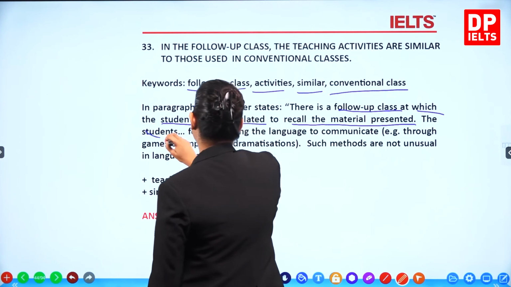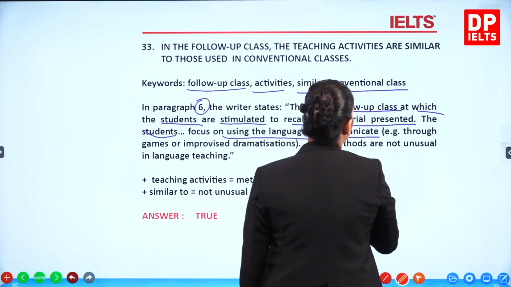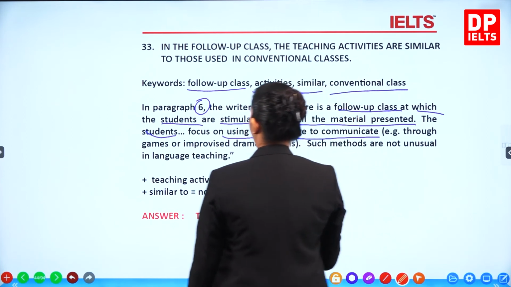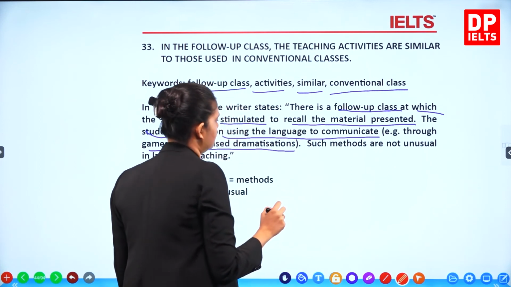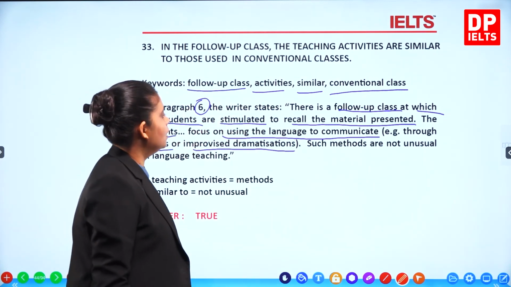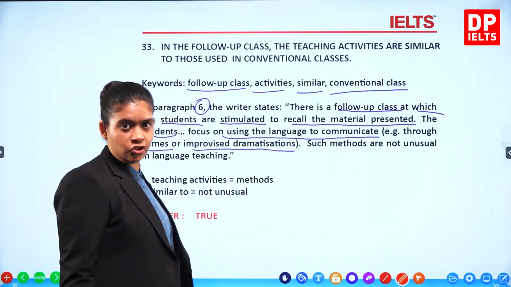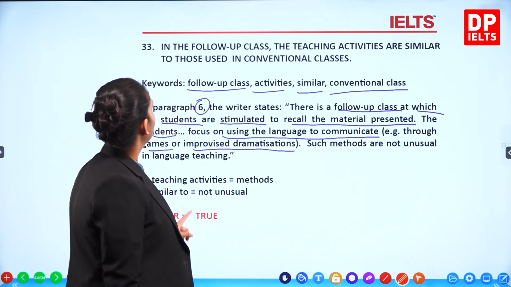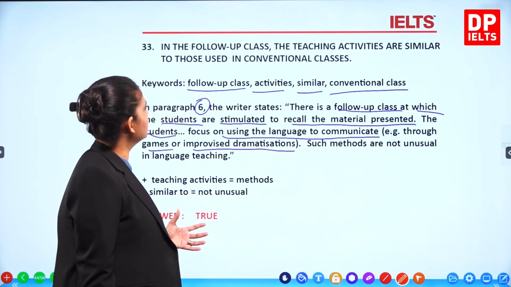The students focus on using the language to communicate. Example, through games or improvised dramas, right? Dramatizations. Such methods are not unusual in language teaching. So, in the follow-up class, teaching activities are similar to those used in conventional classes.